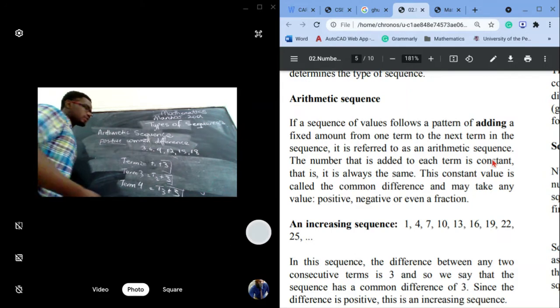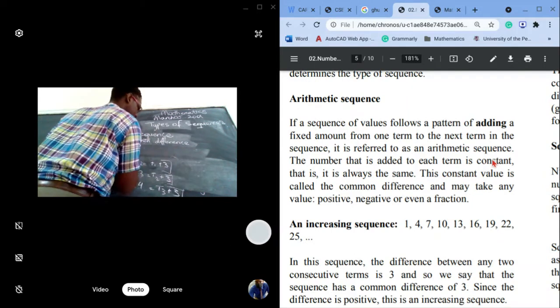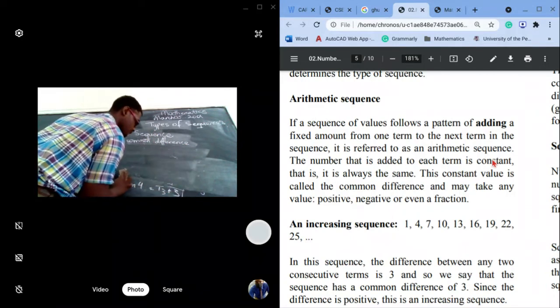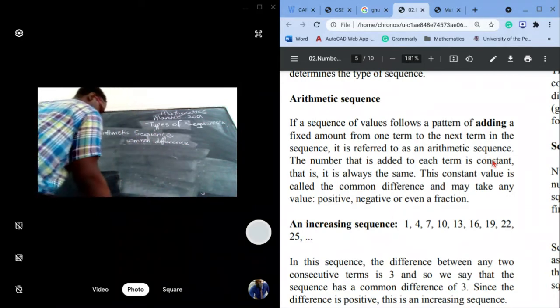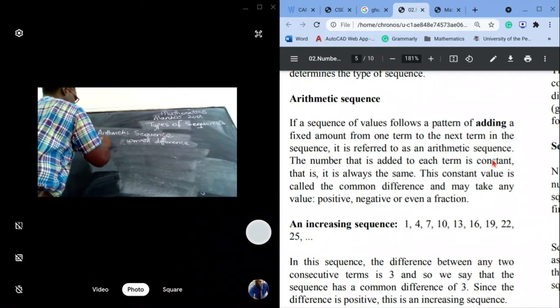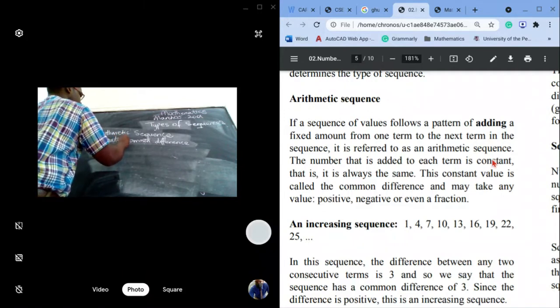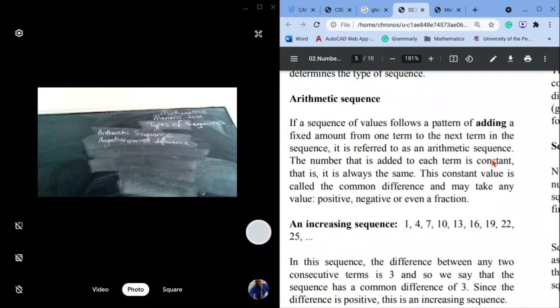Alright, let's look at a negative common difference now. Negative. Okay.